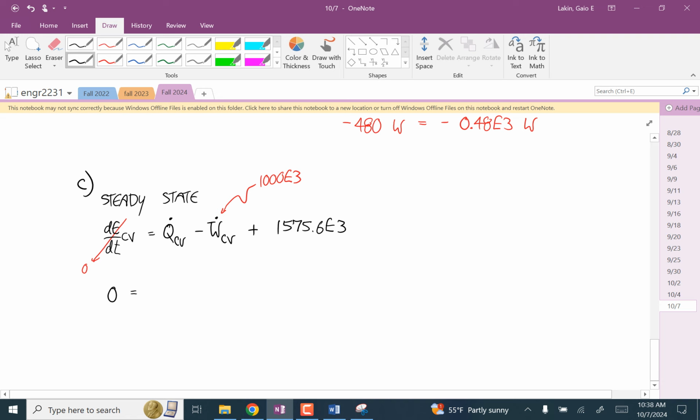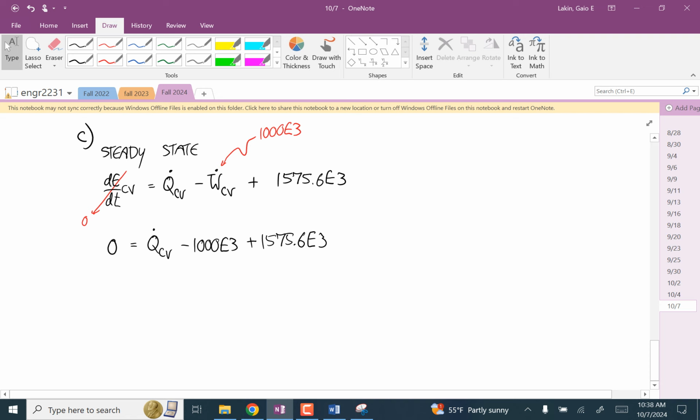And so we get 0 is equal to Q dot minus 1,000 times 10 to the third plus 1575.6 times 10 to the third. And so Q dot is equal to negative 575.6 times 10 to the third watts. Any questions about that?